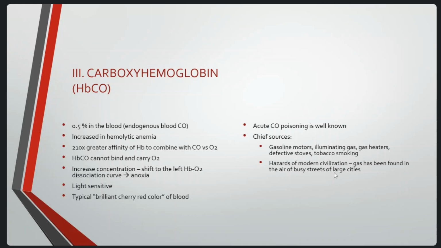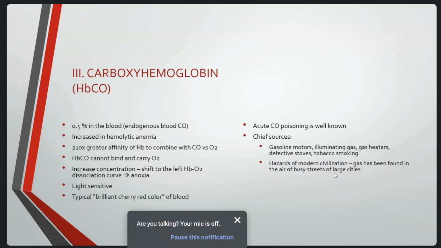So it can lead to a shift to the left of the hemoglobin oxygen dissociation curve, leading to anoxia, or absence of oxygen in our tissues. It is light sensitive, so it will give you a typical brilliant cherry red color of blood. During autopsies, when you consider carbon monoxide poisoning, you can see this brilliant cherry red color of the blood.